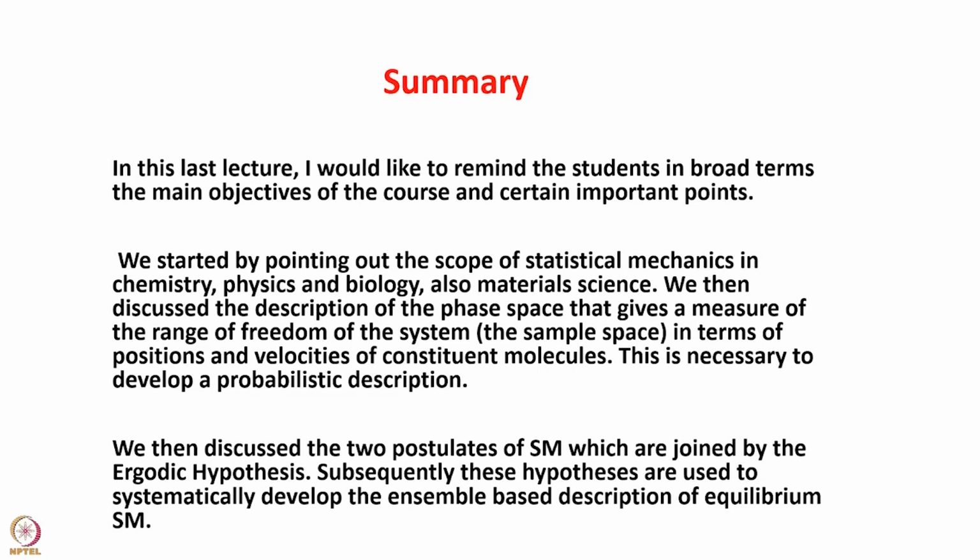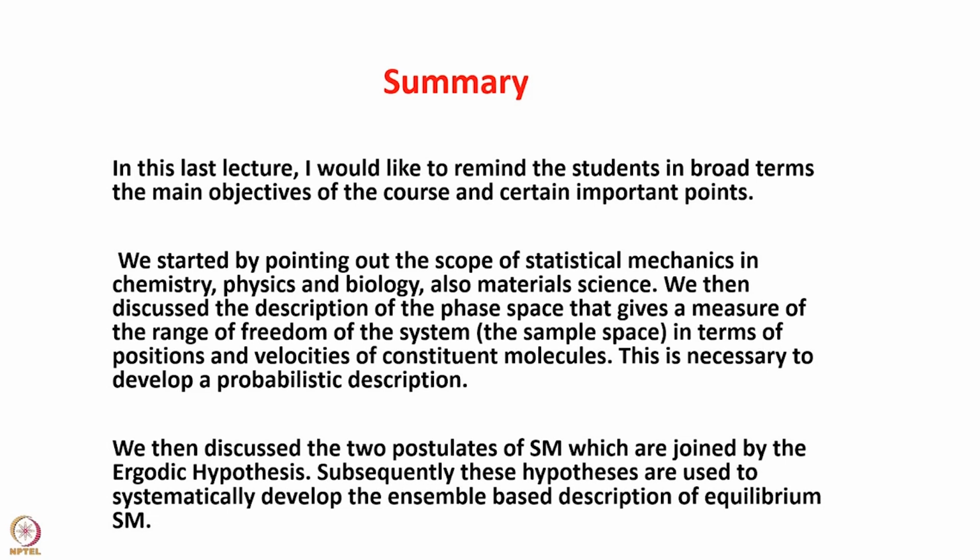Before that came the introduction of the concept of ensembles, which I discussed at great length. That is billions and billions of mental replicas of your original system so that we can talk of a probability distribution. But that works only when you assume that each system is in a different microscopic state, which are equally likely.